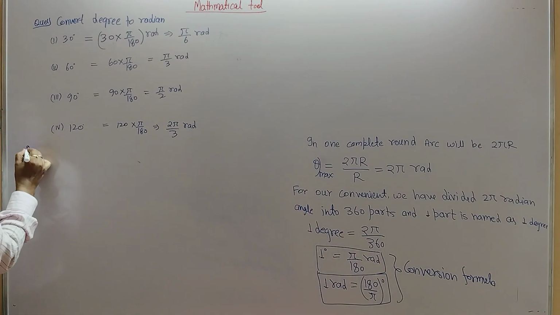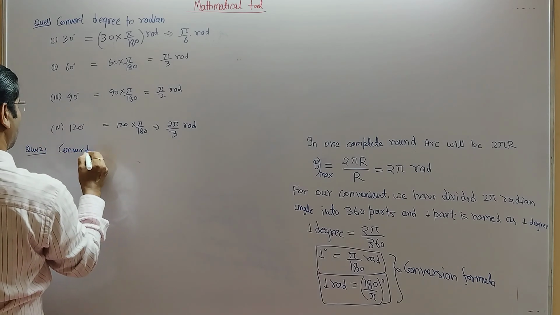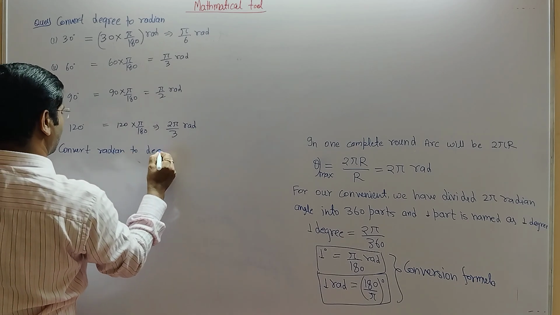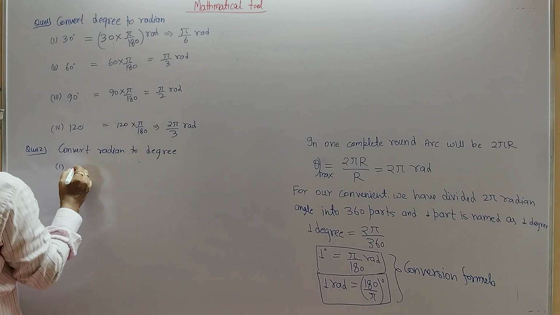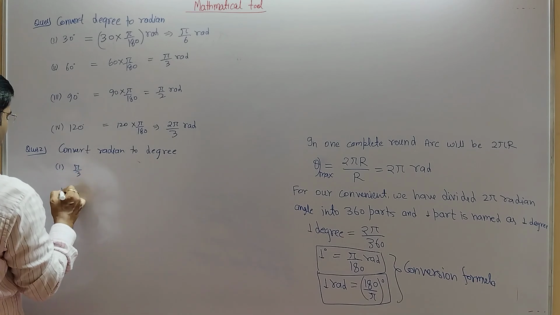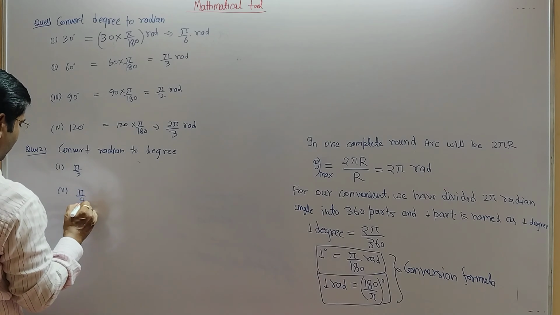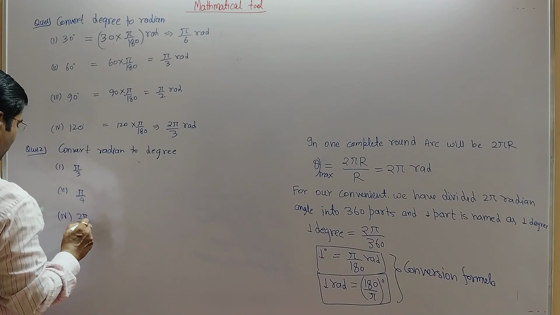So second question: if you want to convert radian to degree. Convert radian to degree: first, let's say pi by 3, second, pi by 4, third, 2 pi by 3.